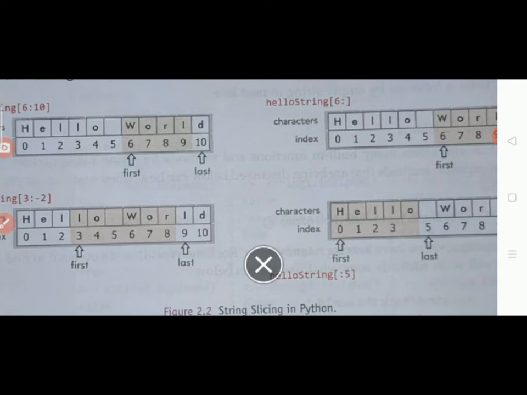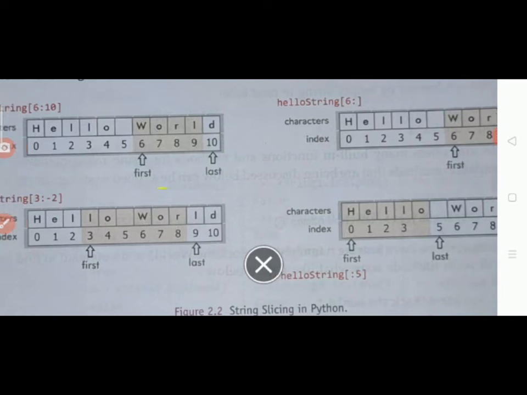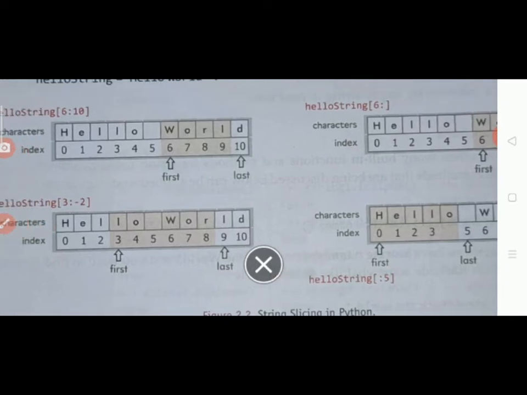For this one, it is showing 3 to minus 2, meaning the last two digits. 3 is the start position, but minus 2 is the backward formation. Here the start is 0 1 2 3, this is the forward, and 10 9 8 is the backward. Minus 2 is the backward formation of the index, so the first is 3 and the last is minus 2. Understand?